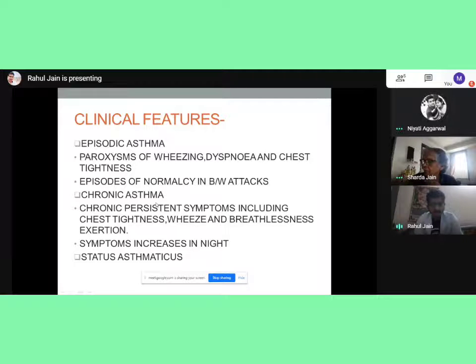They get aggravated, then they get controlled, but periods of normalcy won't occur. This is the reason I need to control the asthma in the initial stages itself. And status asthmaticus, we'll discuss in the end. It's an interesting entity. It's the most severe form of asthma. So that's all about the clinical features of episodic asthma.